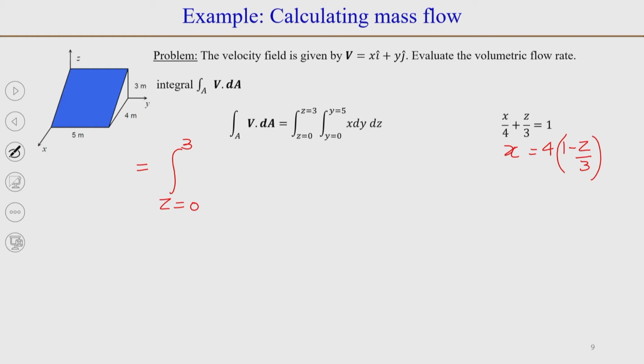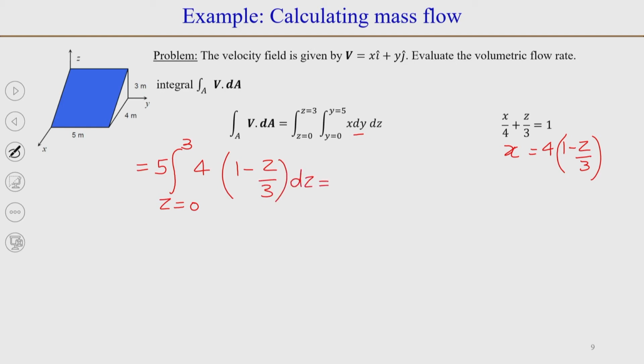X is not a function of y. So, we can integrate with respect to y straight away and we will get y, which will be 5 minus 0 if you put the limit. So, we will get this 5 x. So, in place of x we can write 4 into 1 minus z by 3 dz.